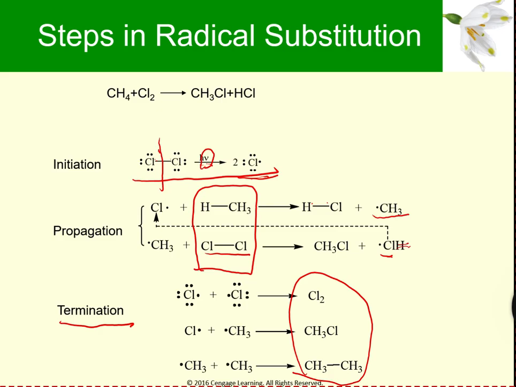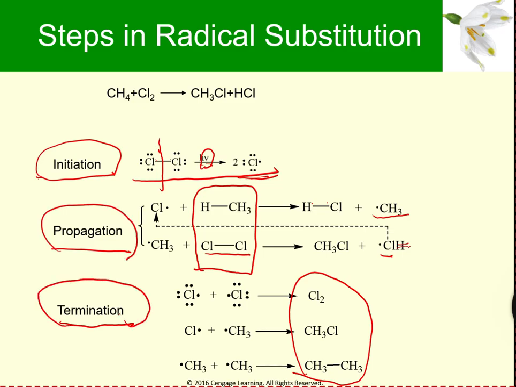So the radical reaction generally involves three steps, as shown here: initiation, propagation, and termination.